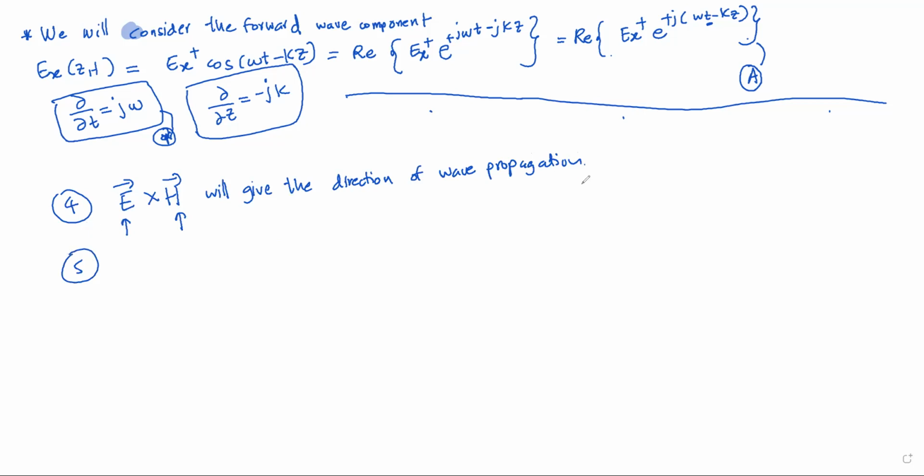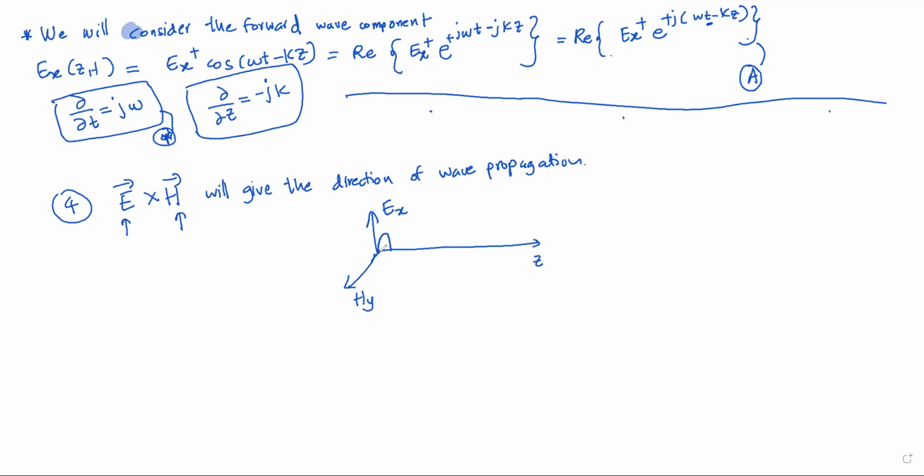So if I explain it further, if we have components of electric and magnetic fields in certain directions, the cross product of those 2 vectors will give the direction of the wave propagation. So in this case, where we have the electric field along the x-axis direction and the magnetic field along the y-axis direction, let's say, then the z-axis will be in here.